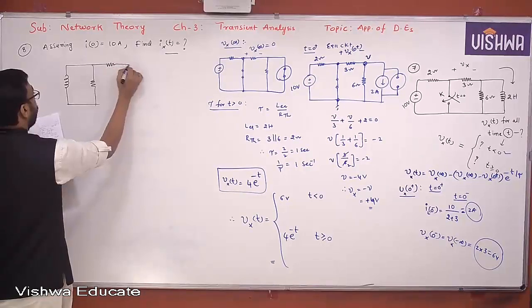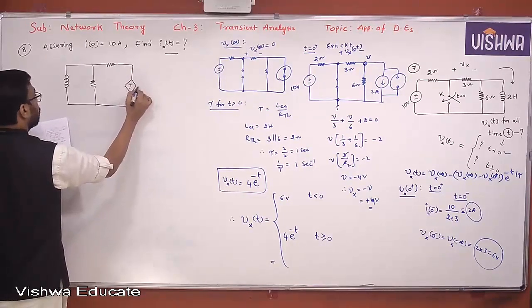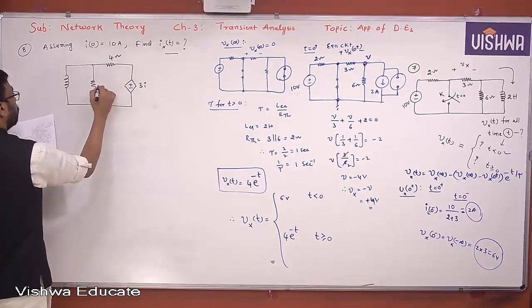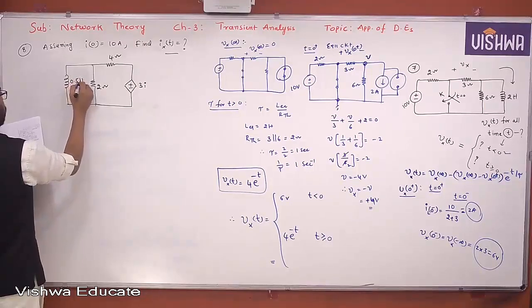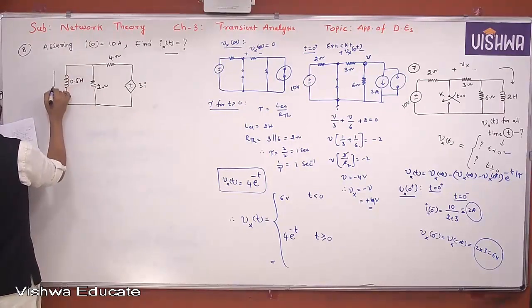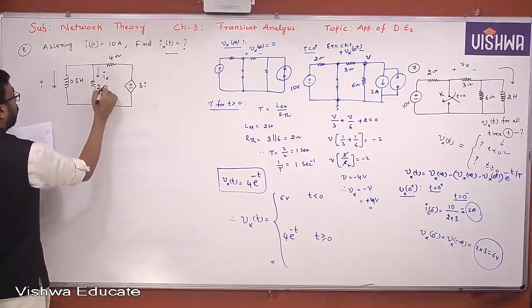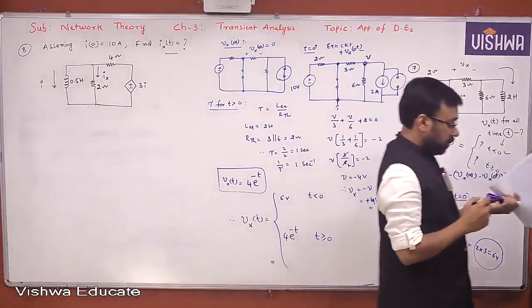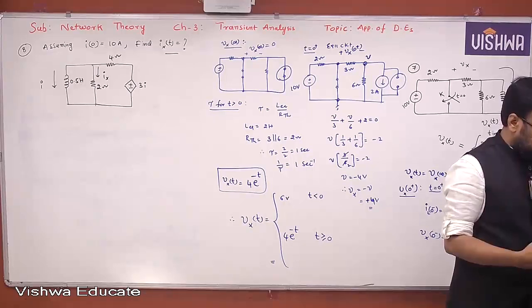Four ohm and a dependent source plus minus 3i, 4 ohm, 2 ohm, 0.5 Henry. This is I and this is Ix. So now he is asking Ix of t. There is time response. Time response is asking Ix of t.